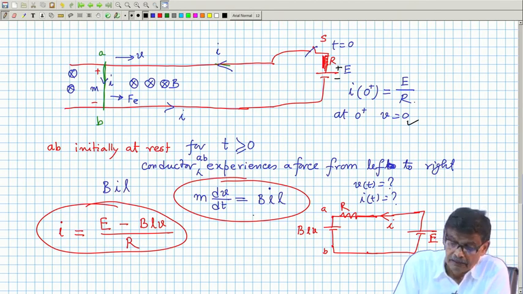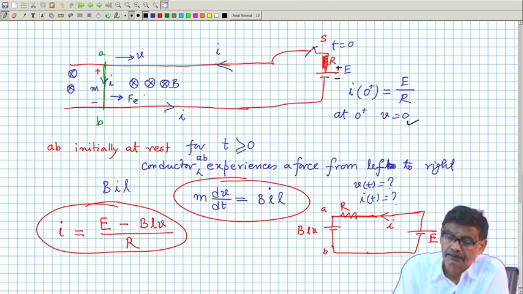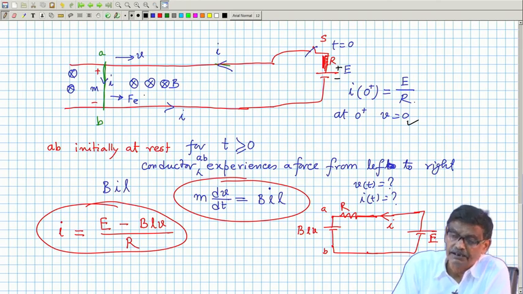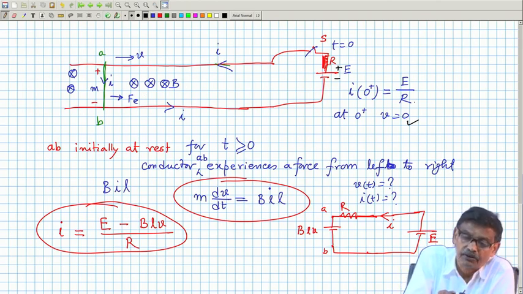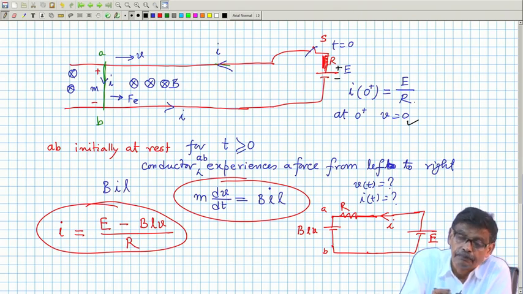Now let us come to the equivalent electrical circuit here. One very interesting thing happens. The moment the conductor starts moving, we have just learned that if a conductor moves in a magnetic field with some velocity v, there has to be an EMF generated across AB.